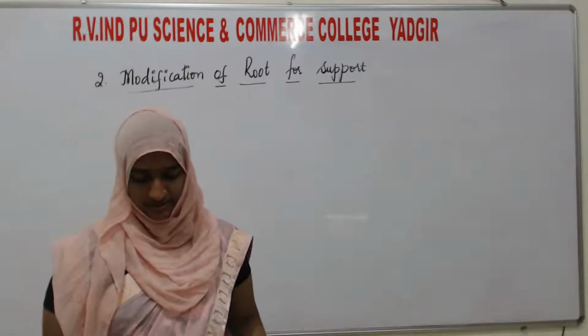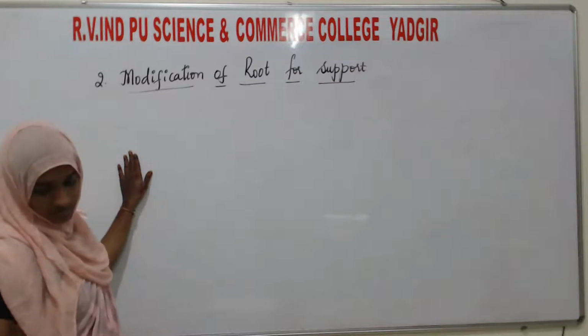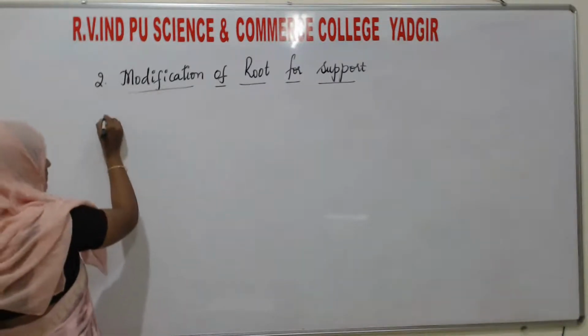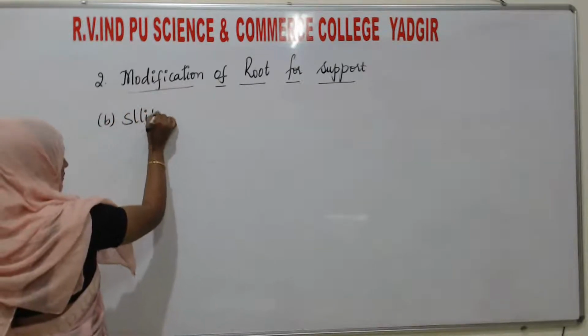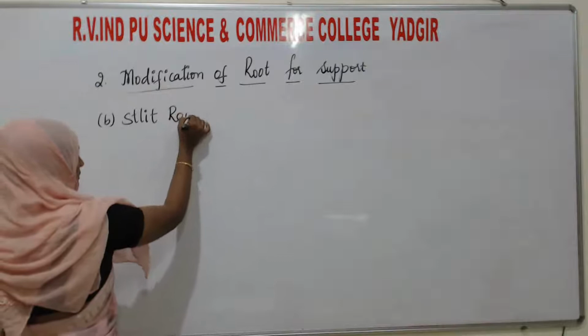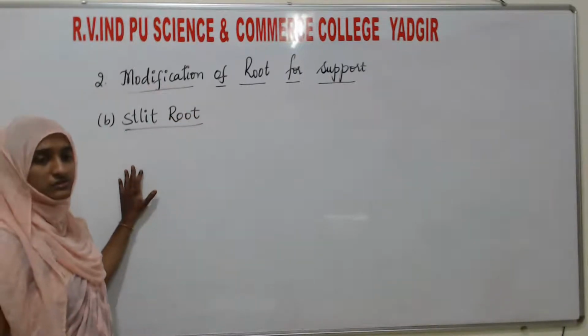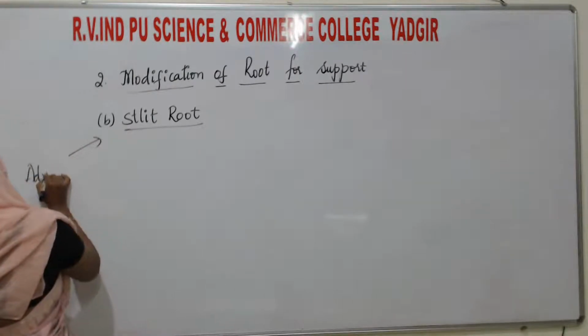The second type is the split roots. Split roots are also one of the adventitious roots.